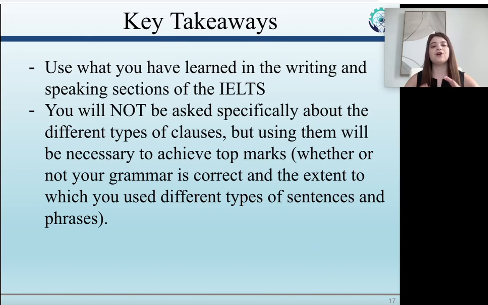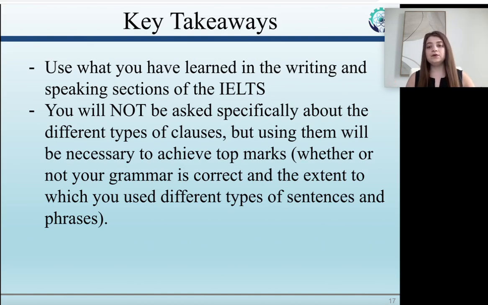There's not a specific grammar section, so you're not going to be asked specific questions. For instance, you will not be asked what's a dependent clause or what's an independent clause. However, you'll be expected to use them both in your writing, even though you won't be asked to name them.